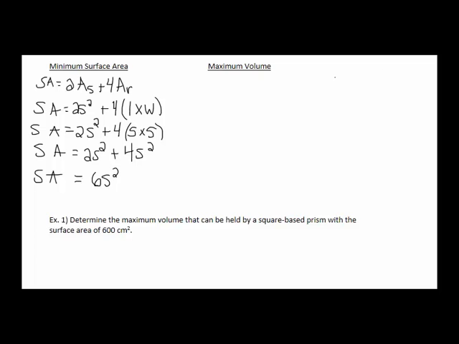Let's now investigate the formula for the maximum volume of a square-based prism. Usually, the volume of a square-based prism is equal to the area of the base of that prism times the height of that prism. So volume is equal to the area of the base, which is a square, times the height.